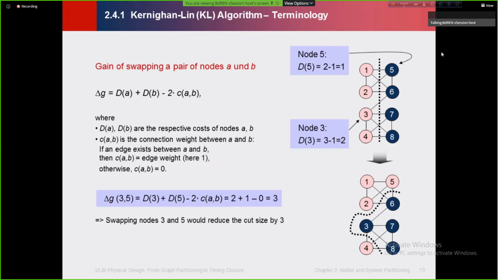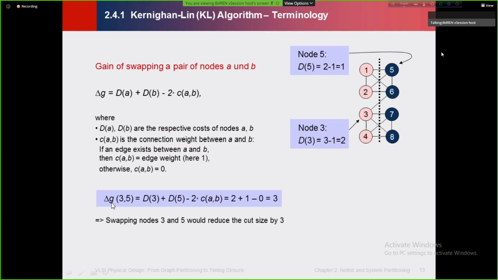If we swap between 3 and 5, the amount of gain, delta G, is called gain by swapping or exchanging 3 and 5.